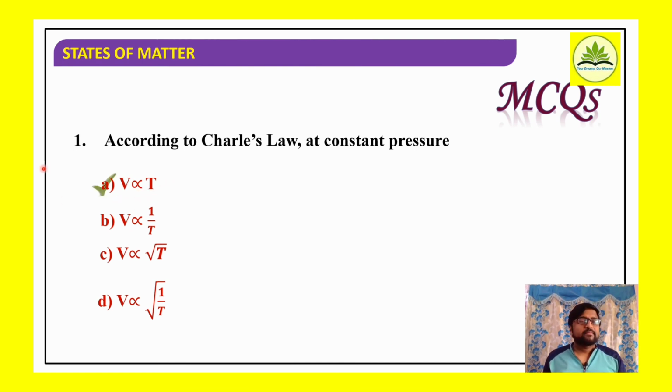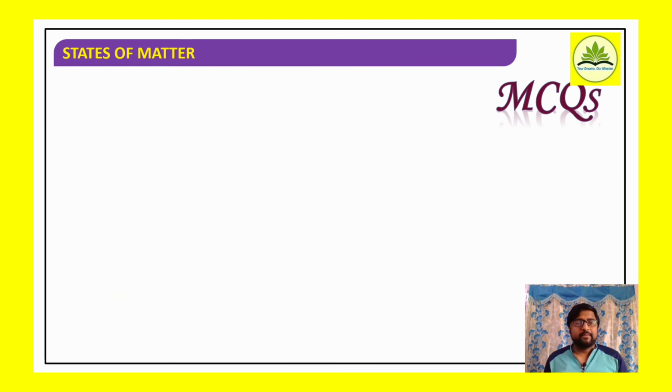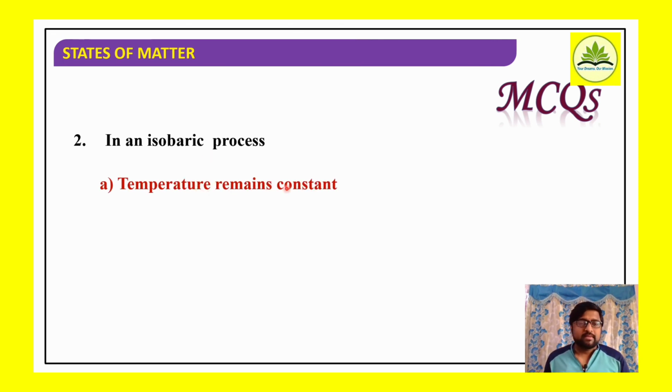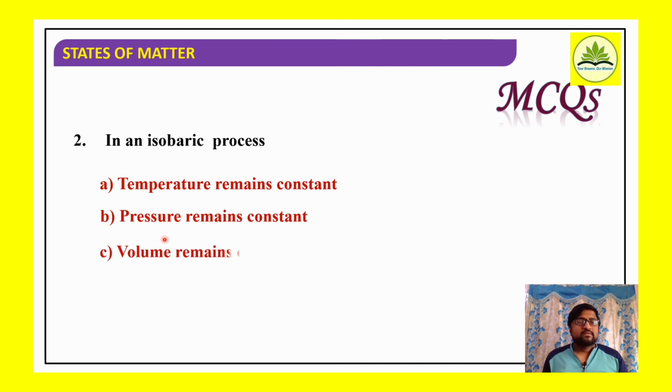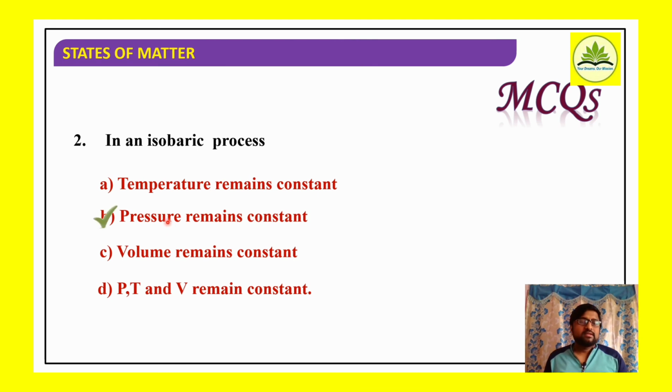So option A is correct. One more: in an isobaric process, does temperature remain constant, pressure remain constant, volume remain constant, or P, T and V remain constant? Here pressure remains constant.